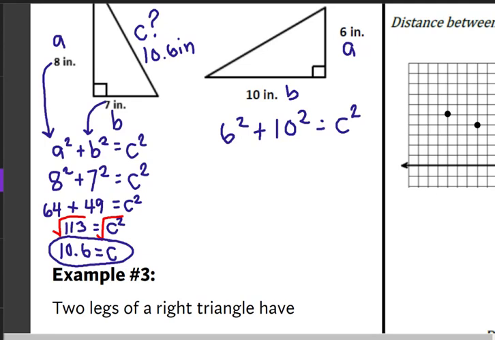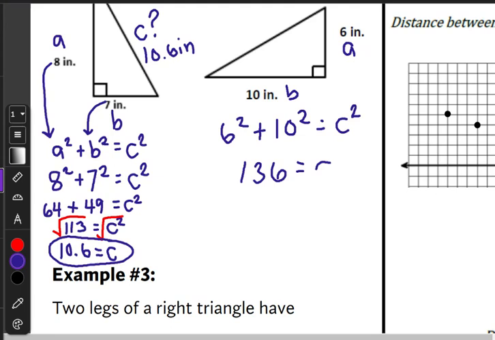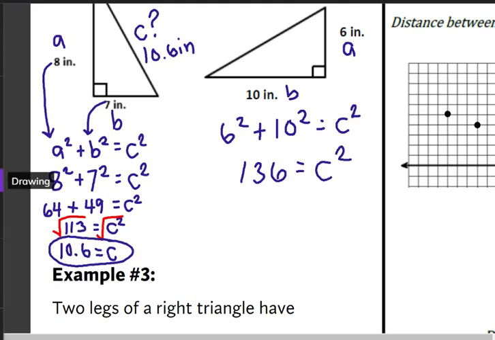So instead of having to put those in separately and then add them up, your calculator can just do all that work for you and get that you have 136 equals C squared.